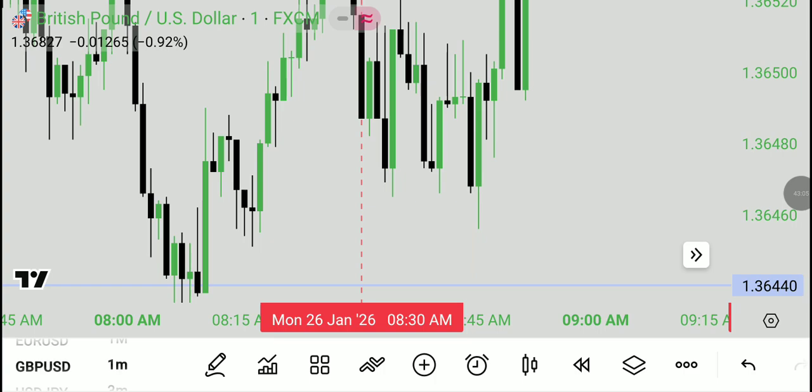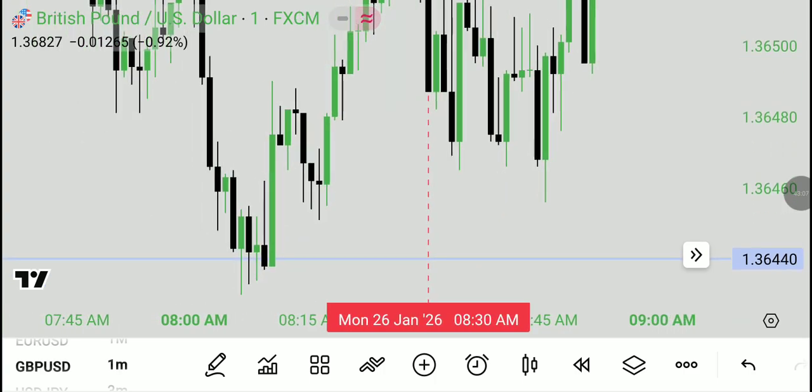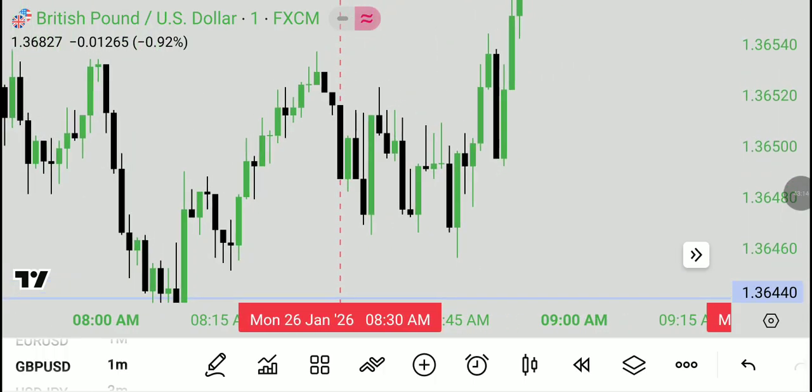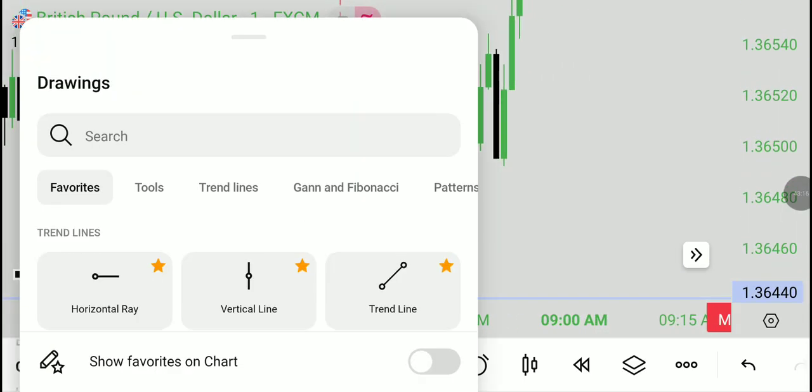So on the 1 minute time frame at 8:30, when they push the market high, they come back to this gap.